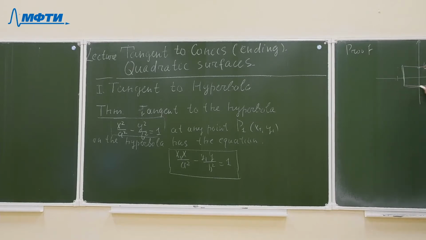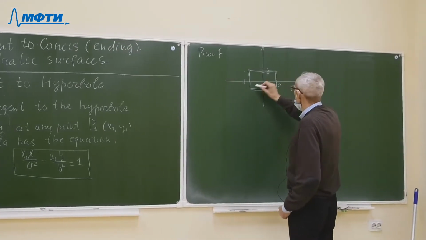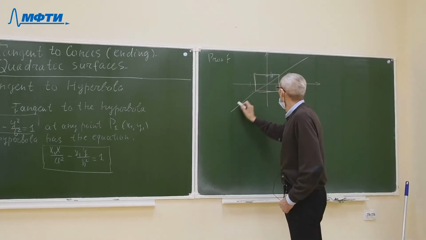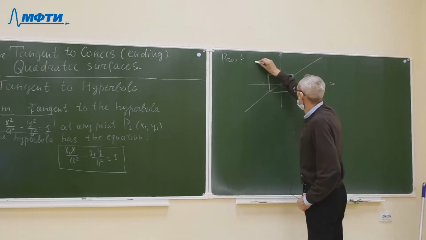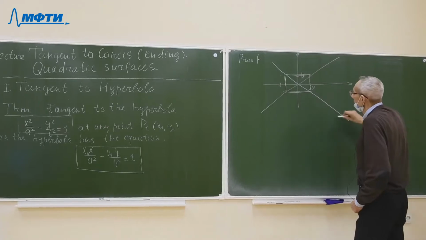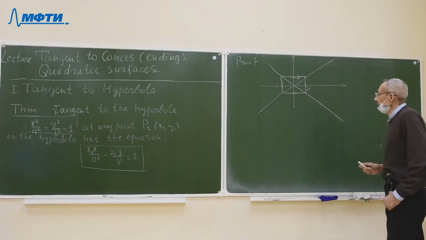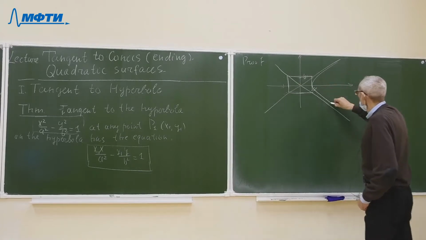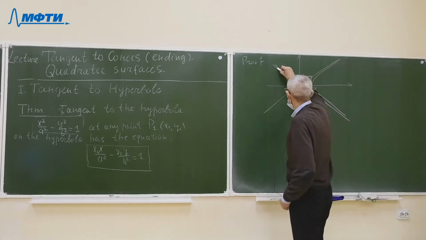Let's consider the hyperbola. Let's have the main rectangle of the hyperbola and asymptotes, and the hyperbola has the following form.